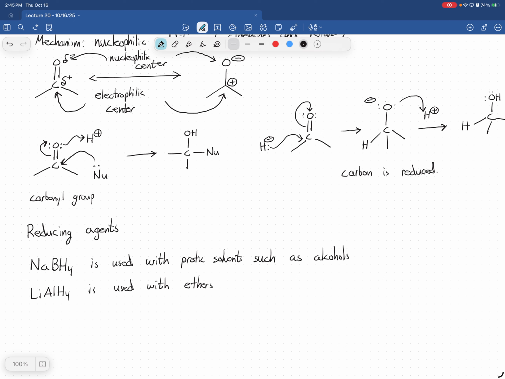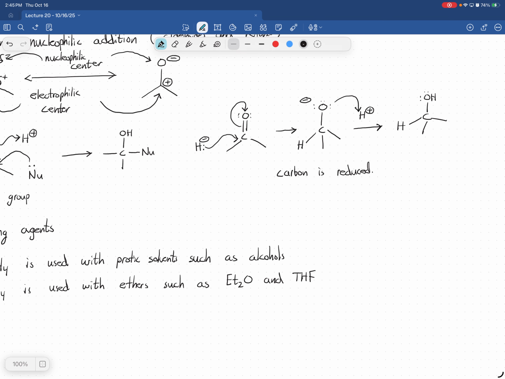There are two ethers that we'll encounter: diethyl ether and THF. They look like this. Diethyl ether looks like this.